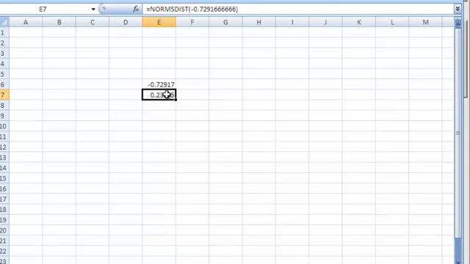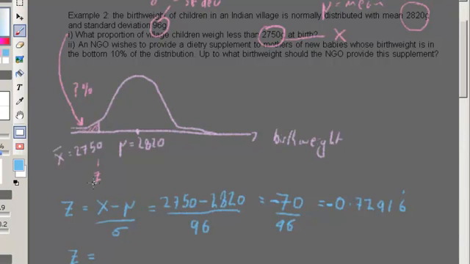So there's the formula: NORM.S.DIST, put in this number, 7291666, and it gives you 0.23295. And that is exactly the same as 3.2.